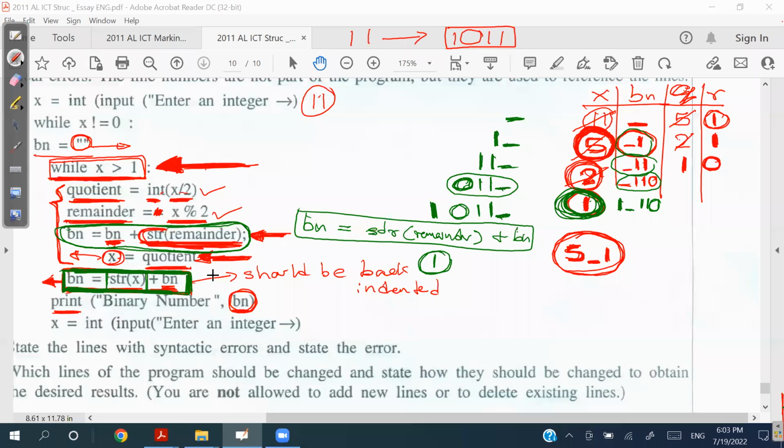Right? So this is going to be the first one. This is the second one.